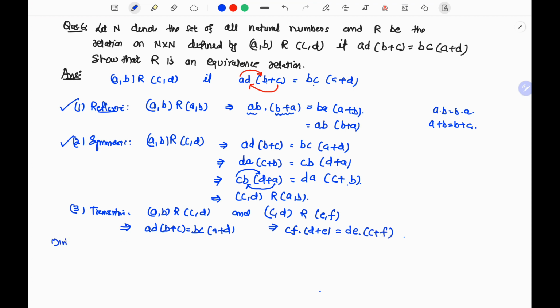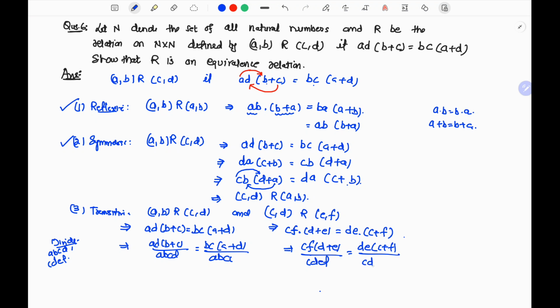And then we divide the first expression by ABCD and the second by CDEF. So we will have AD into B plus C divided by ABCD equal to BC into A plus D divided by ABCD, and the second expression is CF into D plus E divided by CDEF, equal to DE into C plus F divided by CDEF.